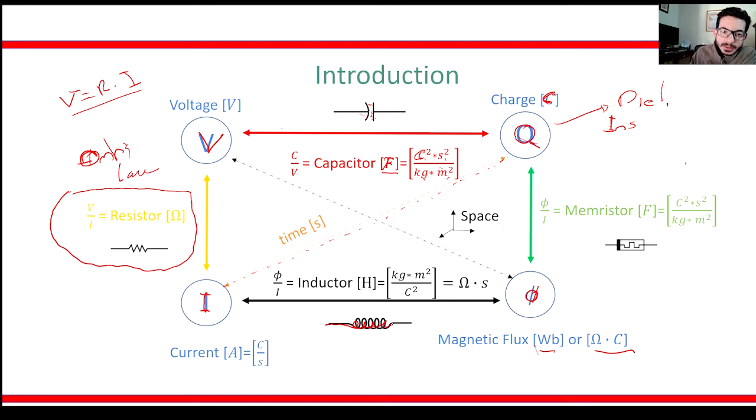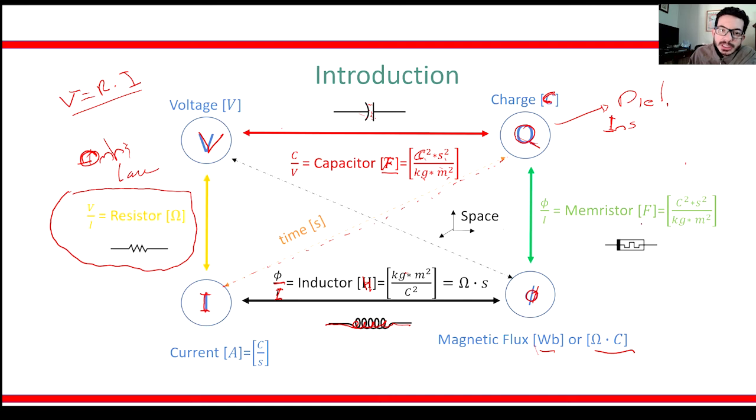Inductors have units of henries, capital H, and inductance is basically magnetic flux divided by electric current. The International System of Units will tell you that the units of inductors are ohms per second, or mass length over charges.